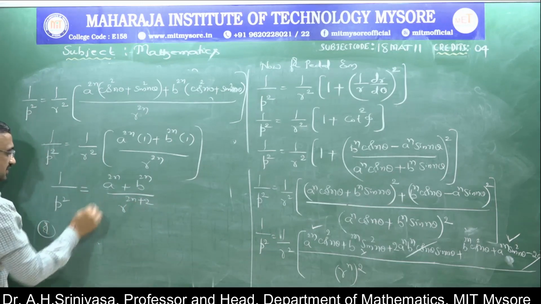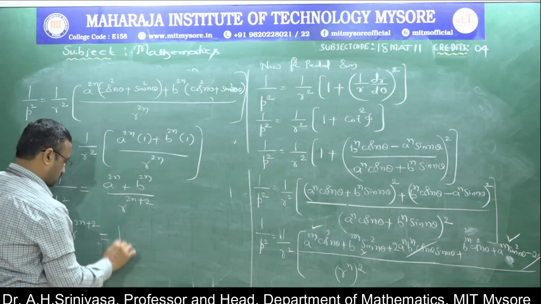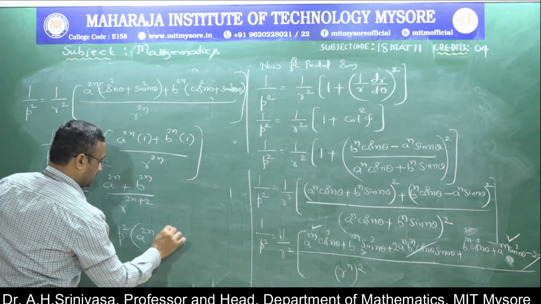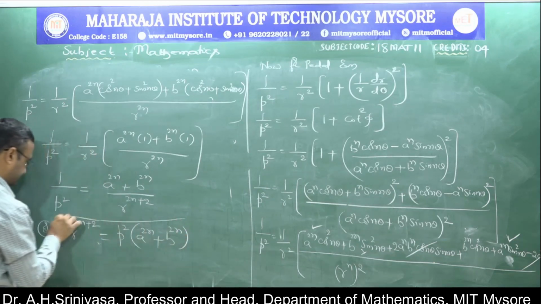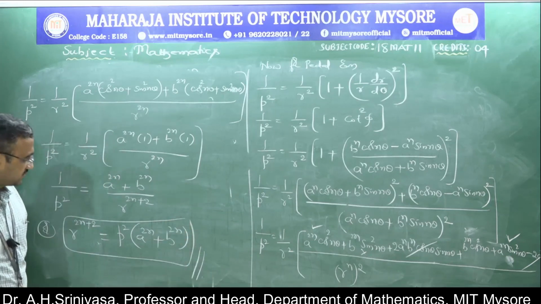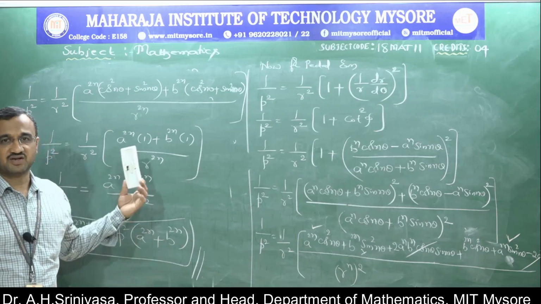Or if you make a cross multiplication, r power 2n plus 2 equal to p square into a power 2n plus b power 2n. So this is the required solution for this particular polar curve.